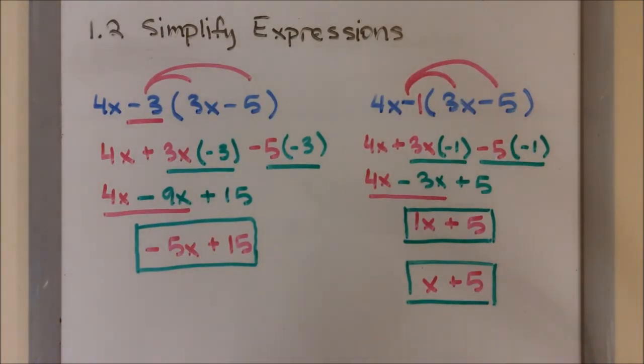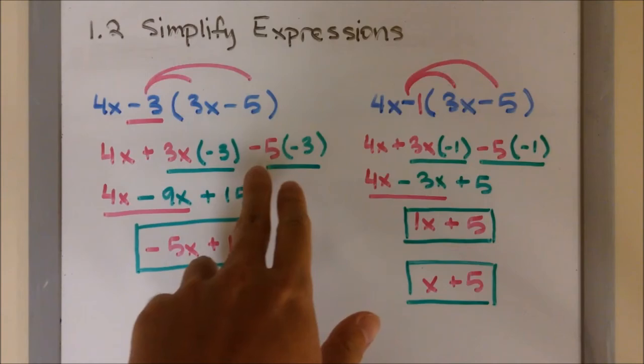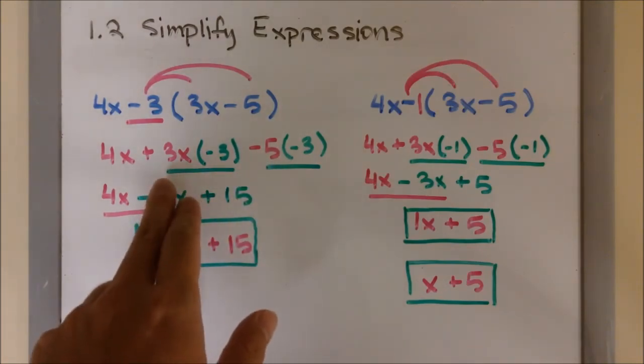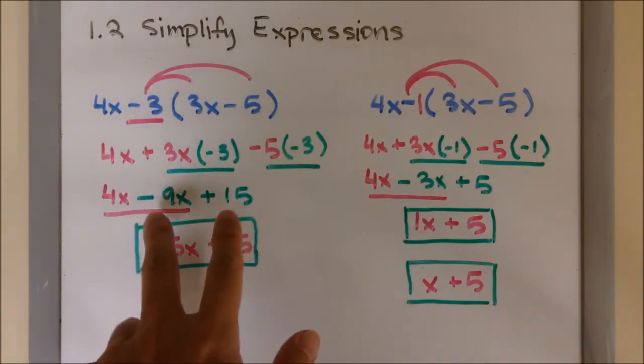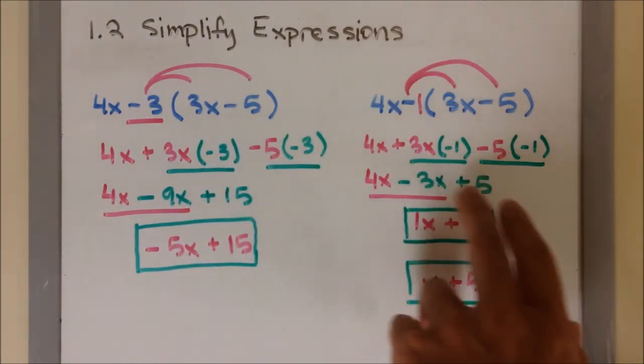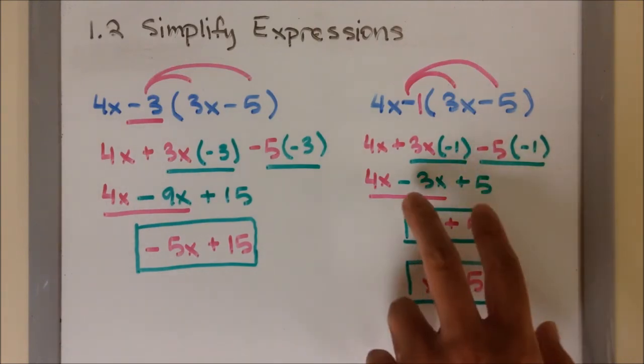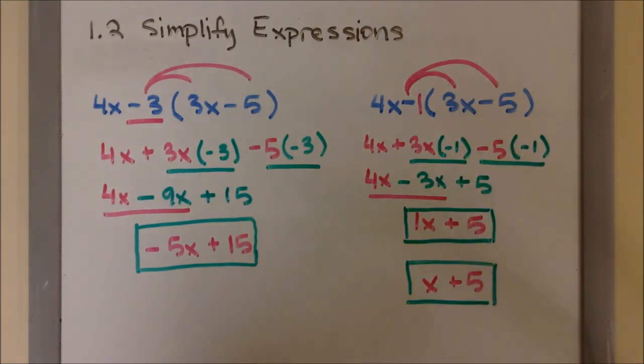Process is the same, solving is the same, simplifying is the same. The only difference is that the minus 5 and 3x were multiplied by negative 3. We got negative 9x plus 15. Over here, 3x and minus 5 were distributed with negative 1. We got negative 3x plus 5. So it ended up with a different answer but the same process.